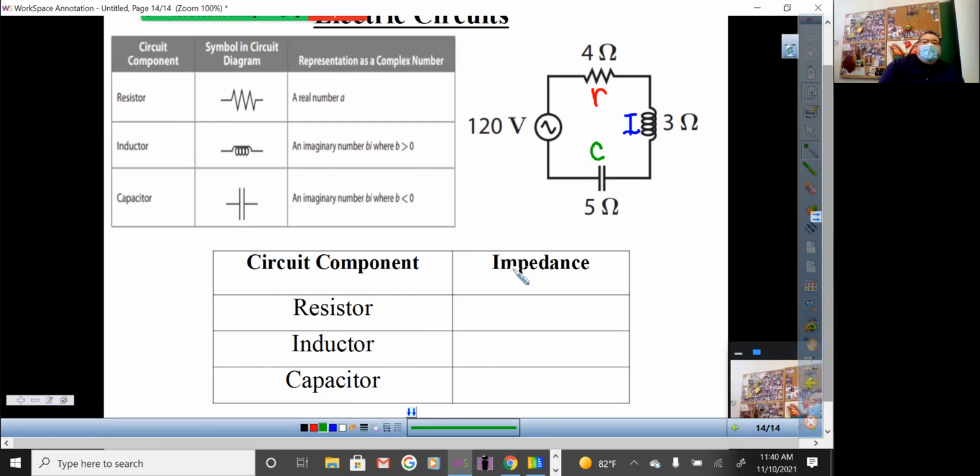Now I'm going to start with the resistor. What is the impedance, or the amount of current that can pass through that? Here's a resistor. It's 4 ohms. How would I write it here? I just use a real number. So what would this translate into? 4. That is correct, just the number 4, because it's a real number.